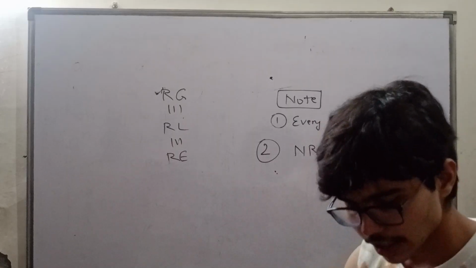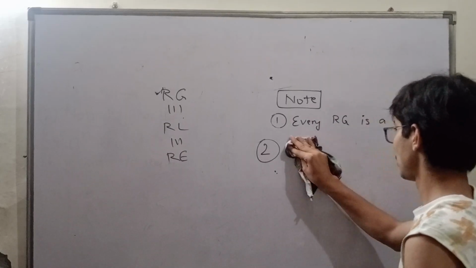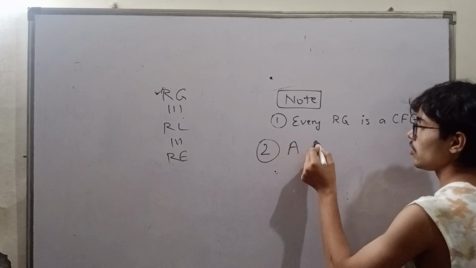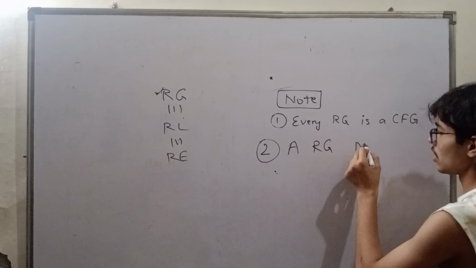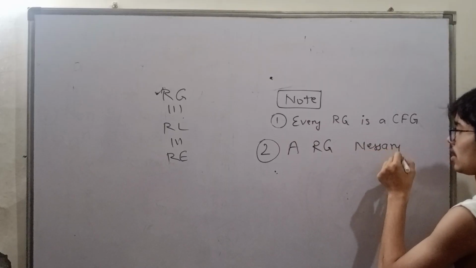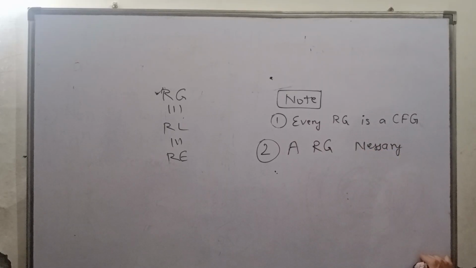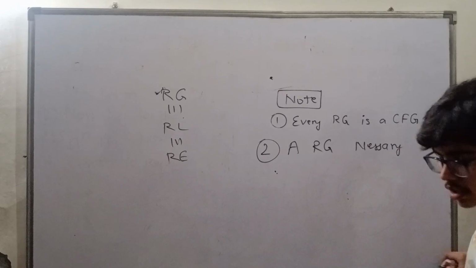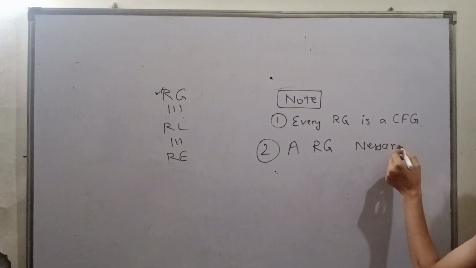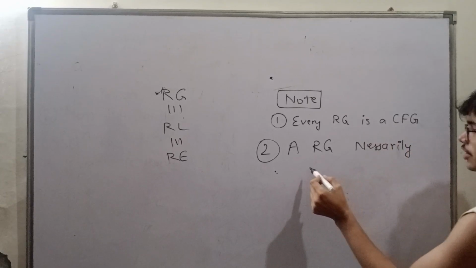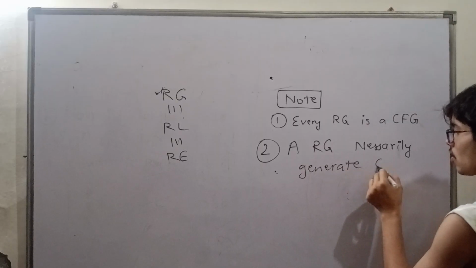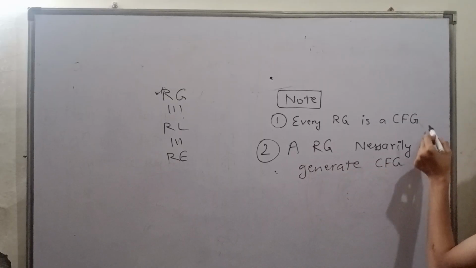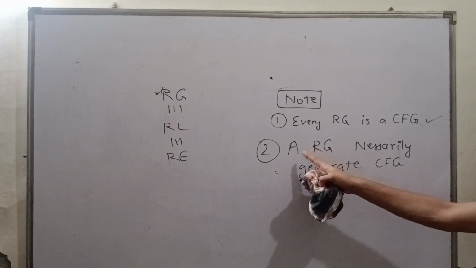Let me write before this: a regular language or regular grammar necessarily generates a context-free grammar. This is correct.